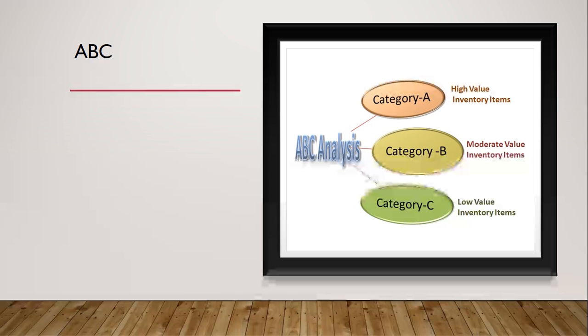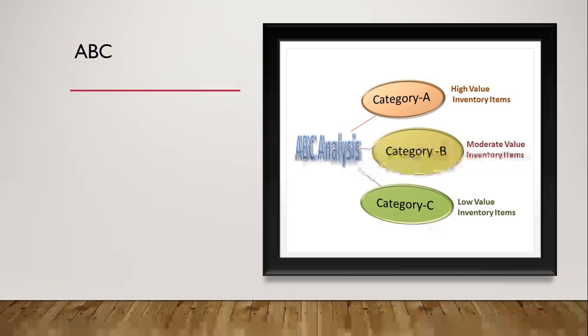So next we have the ABC inventory analysis. We have category A, category B, and category C. Category A: high value inventory items. Category B: moderate value inventory items. Category C: low value inventory items. ABC inventory optimization is critical in order to keep costs under control within the supply chain.